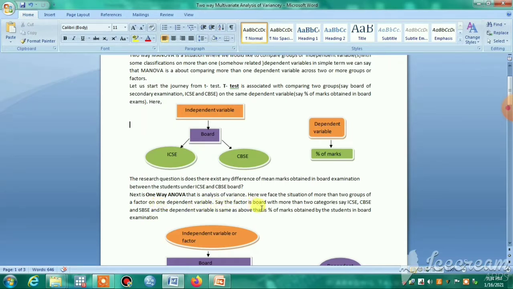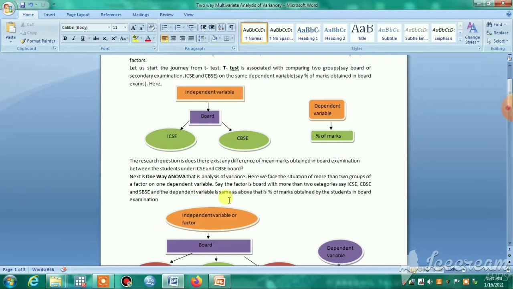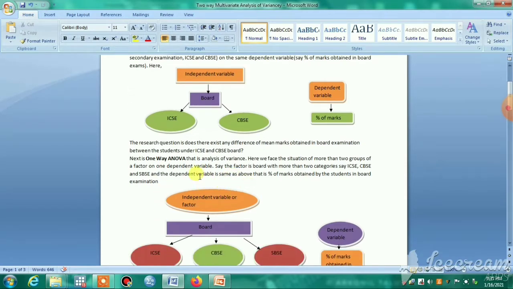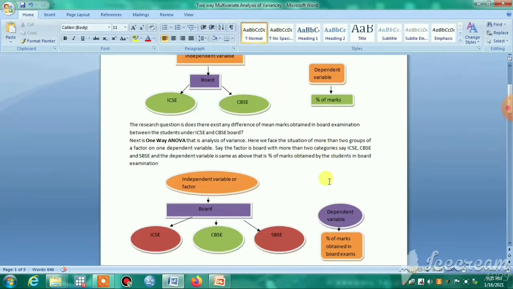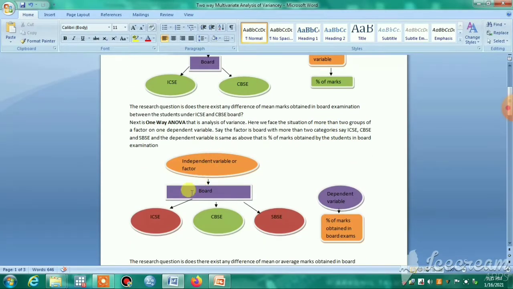Say the factor is the same as before, that is board, but here instead of two we are taking three categories, that is ICSE, CBSE and SBSE, State Board of Secondary Education, and the dependent variable, as in the t-test case, is percentage of marks obtained by the students in board examination.